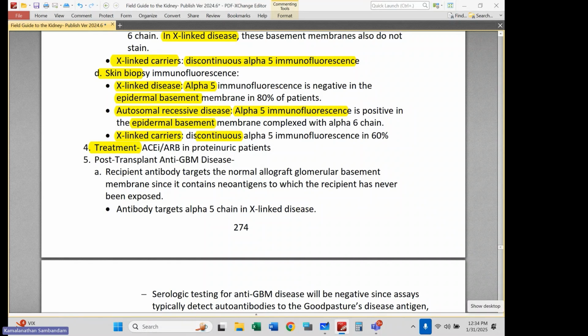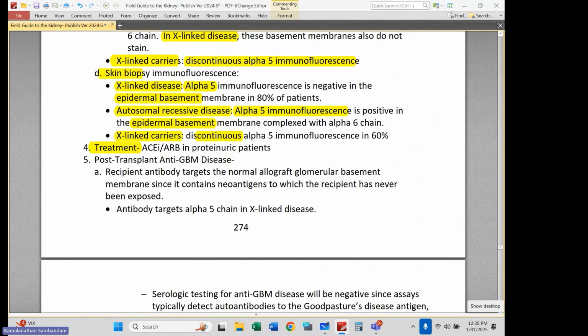Driving that point home is a fairly recent New England Journal paper that looked at patients who had, I forget what they called it, basically kidney disease of unclear etiology, something like that. Okay, and they performed genetic testing on these patients in a very liberal way.